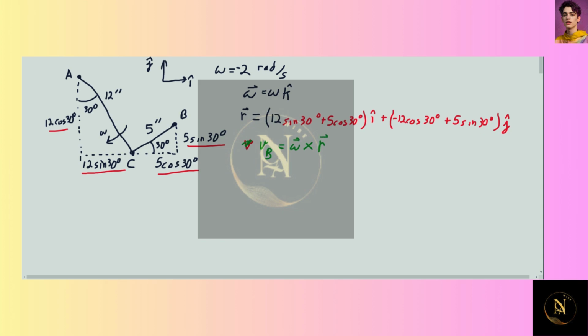So it'll be that negative 2 k hat radians per second, crossed with that R vector we found.